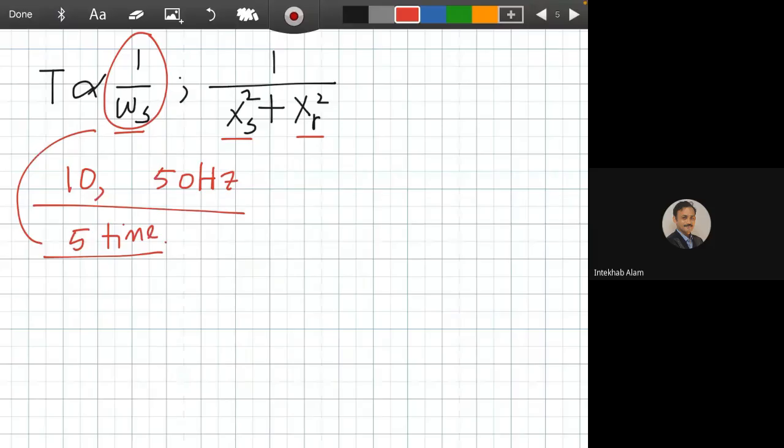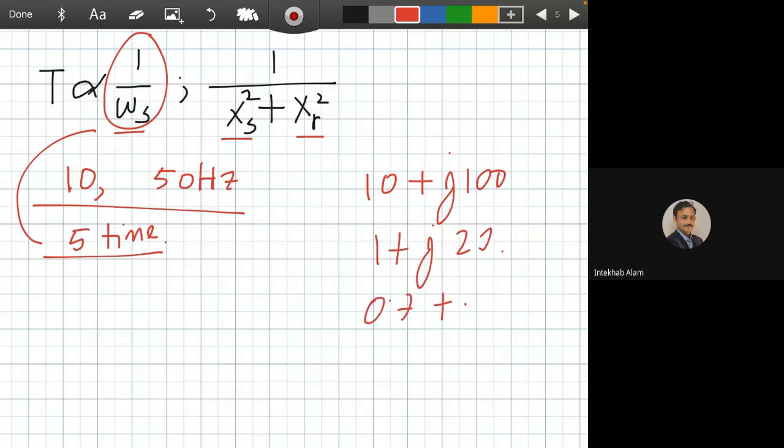Can anyone recall it? Most of the induction motors, you will find like 10 plus j100, or 1 plus j20, or 0.7 plus j50, or 0.8 plus j10.